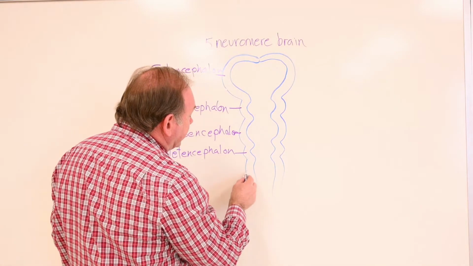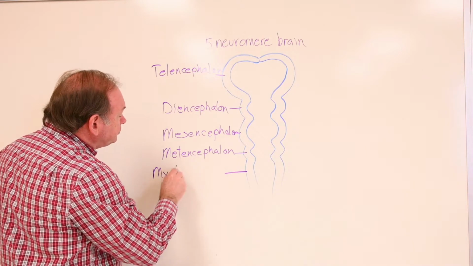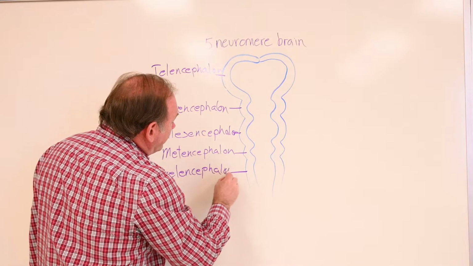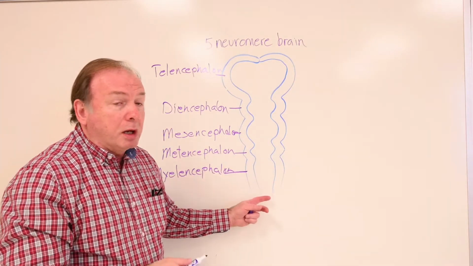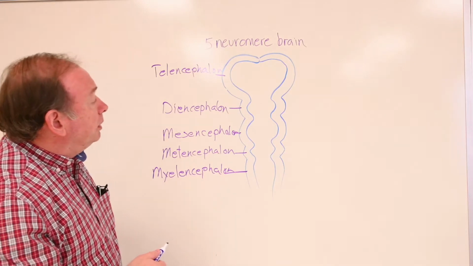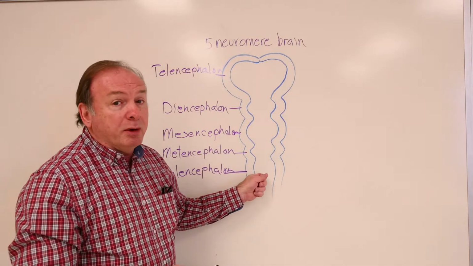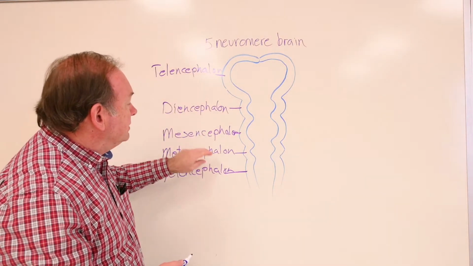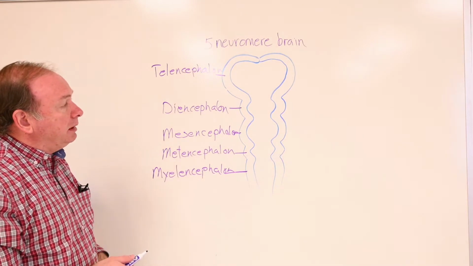And then finally, the last segment down here is the myelencephalon, that we know as the medulla, sometimes called medulla oblongata. So these are your 5 primary embryonic brain regions coming from their 5 neuromeres: telencephalon, diencephalon, mesencephalon, metencephalon, and myelencephalon.